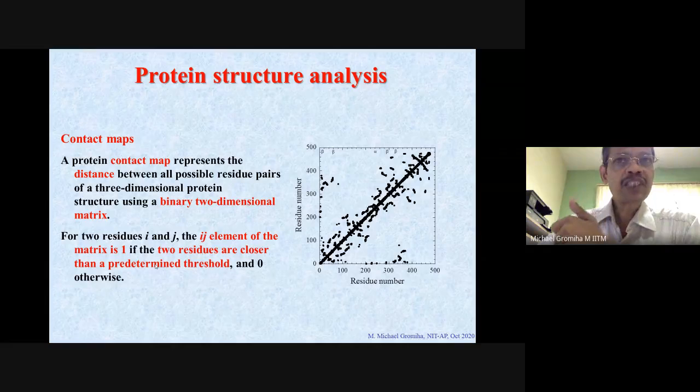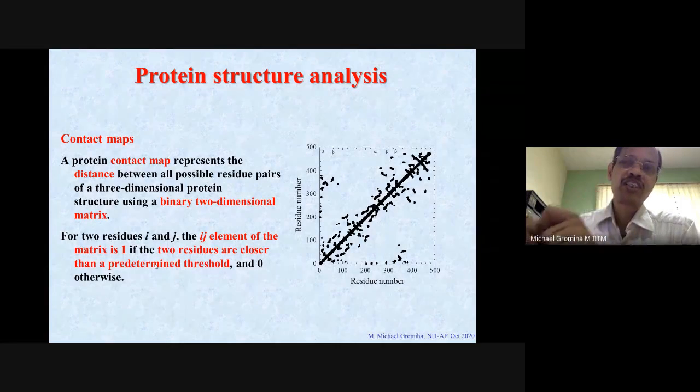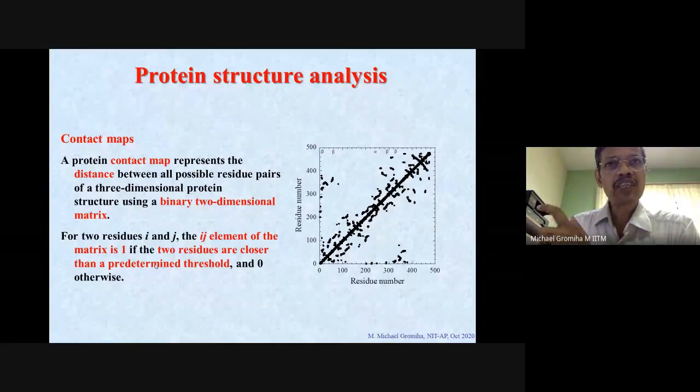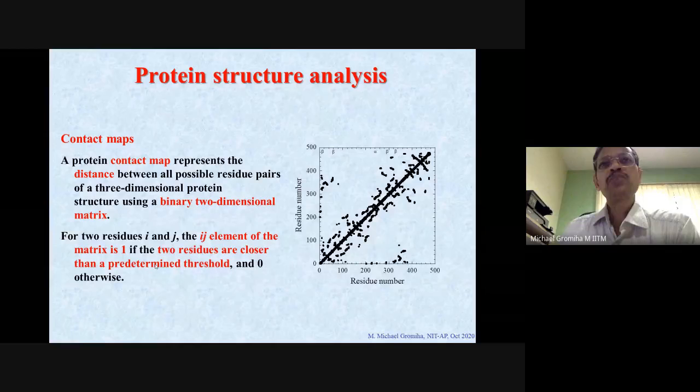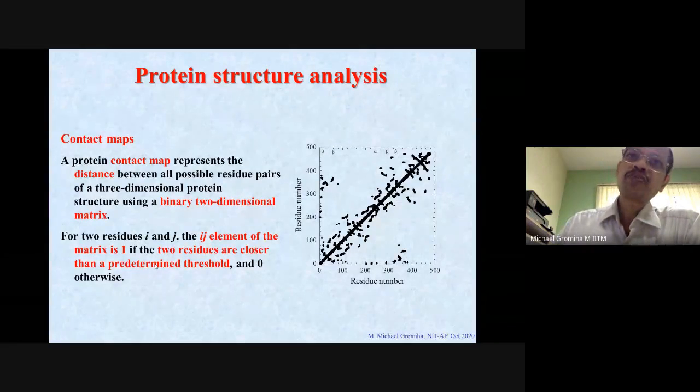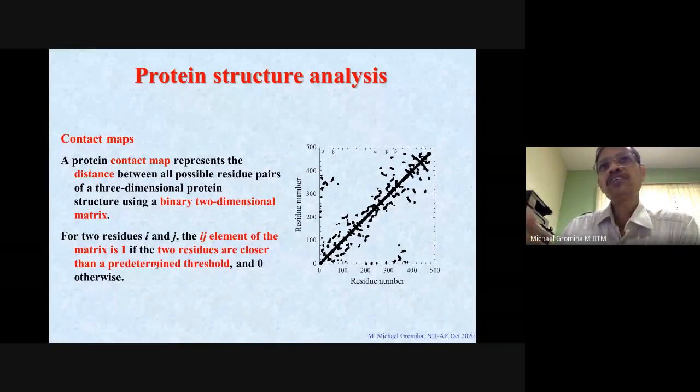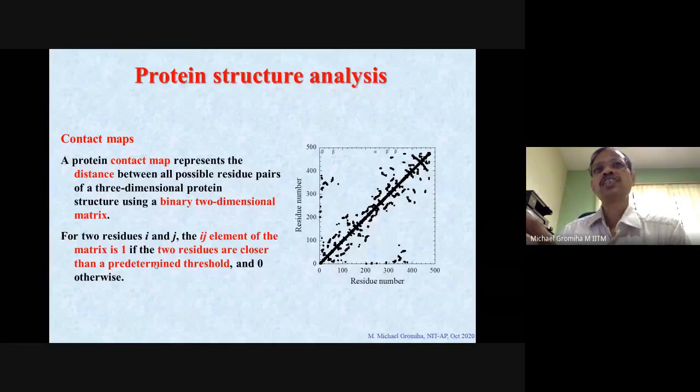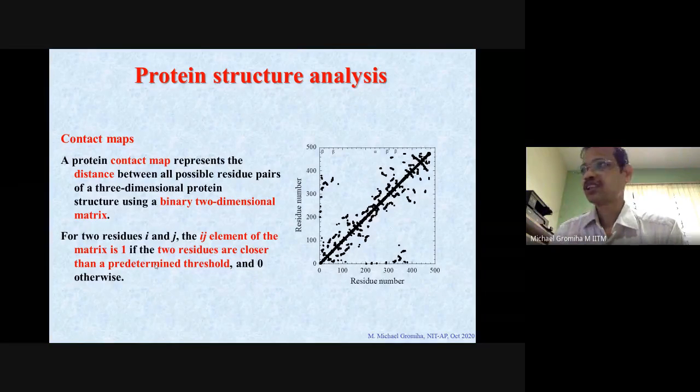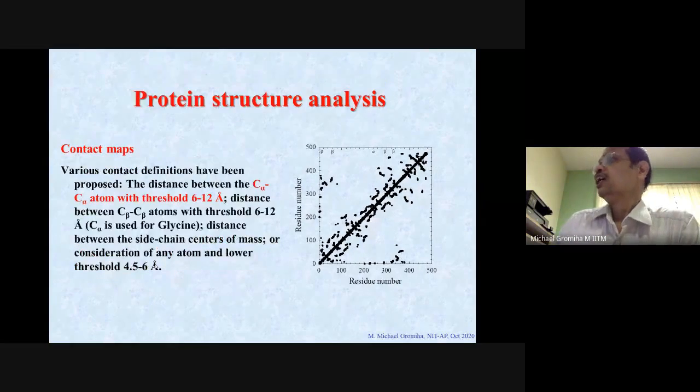The second aspect is we need to define the atoms from which to calculate the distance. One option is to take C alpha atoms and get the distance between the C alpha atoms. Another option is to take any heavy atoms from residue 1 and any heavy atoms from residue 2 and see if any of the heavy atoms are within a particular distance, for example, 5 angstrom or 6 angstrom, and so on.